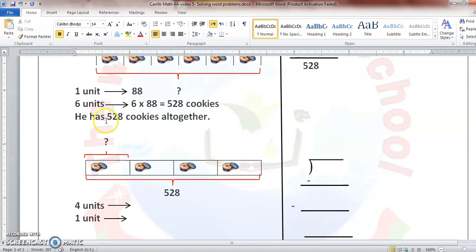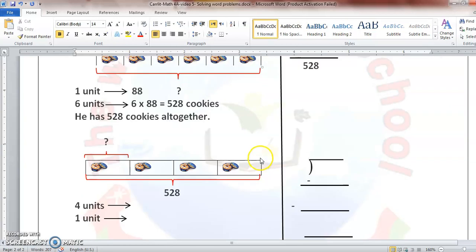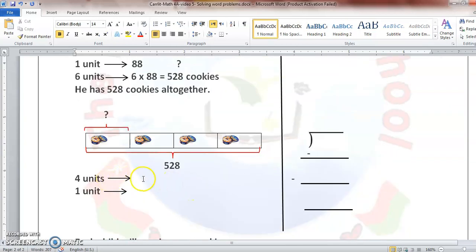Now, all together, but Mr. Jones wants to give all the cookies equally to his 4 children. So meaning, 528, we're going to divide this among his 4 children so that we can get how many cookies each child will receive. So here, 4 units, the total is 528.